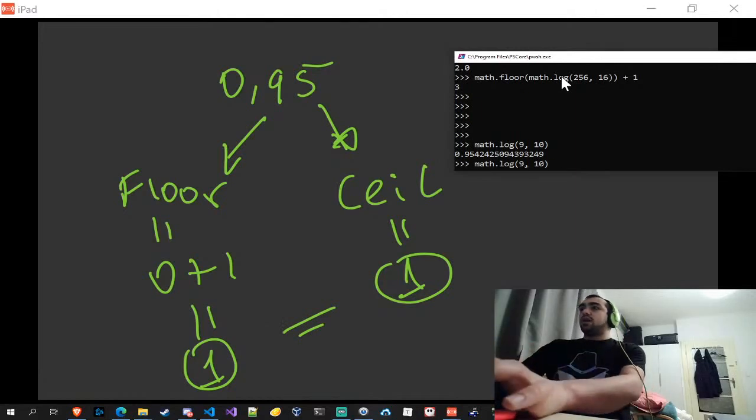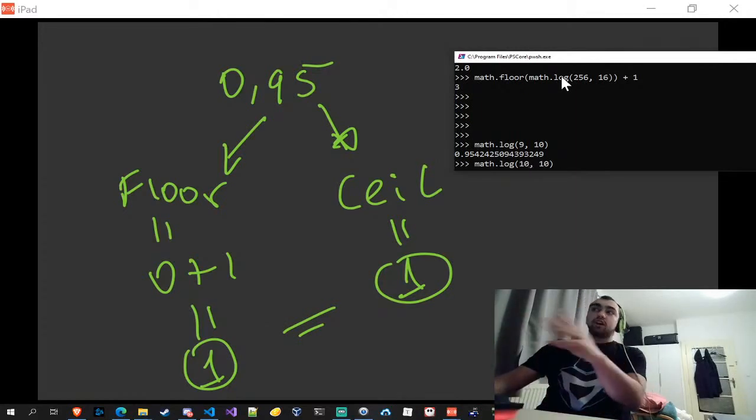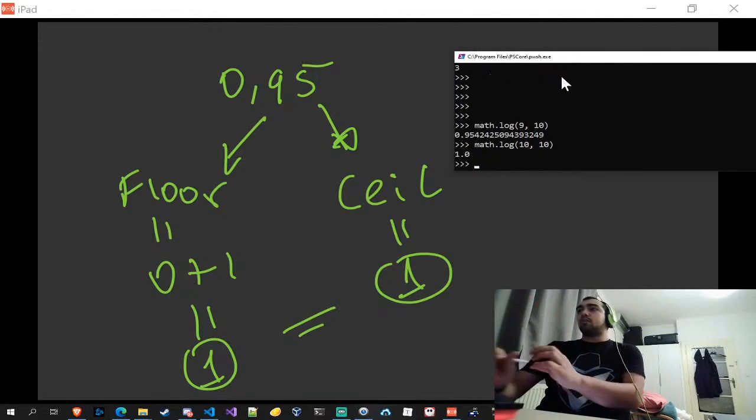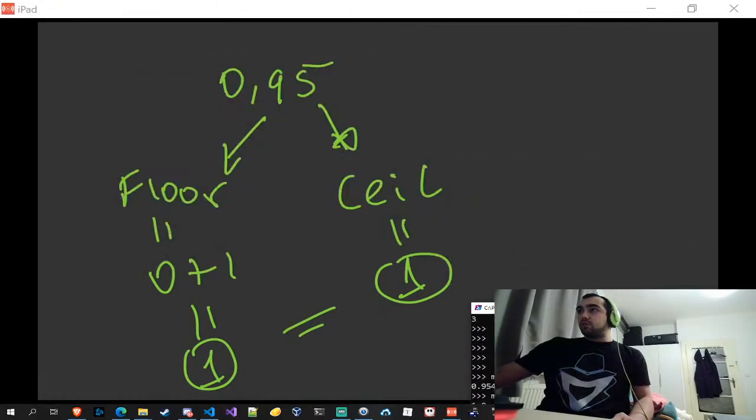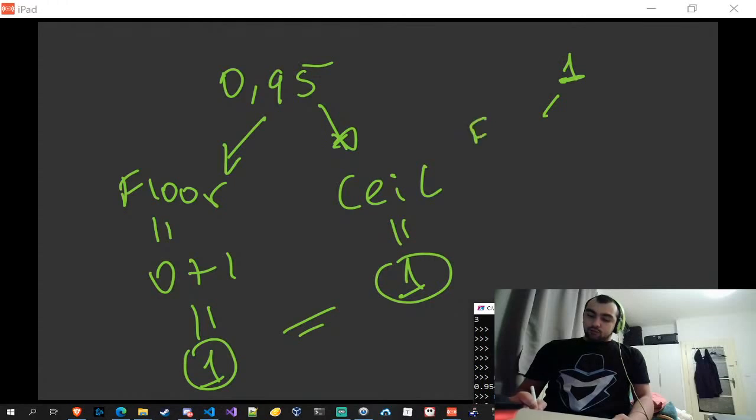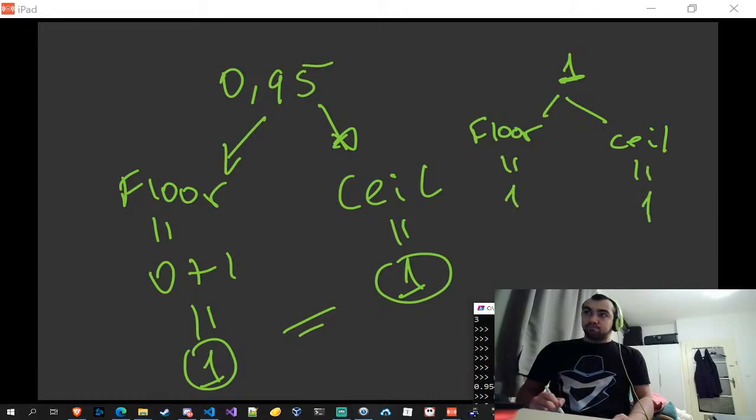But if we go for the number 10, which we know requires 2 digits, right? The result is going to be exactly 1. If the result is exactly 1, if we floor it or if we ceil it, this will be 1, right?